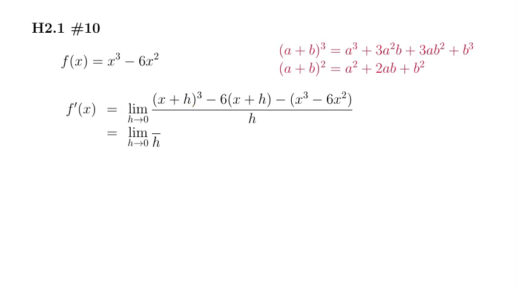We're going to have x cubed, plus 3x squared h, plus 3xh squared, then plus h cubed. If you multiply this out, you end up getting those four terms.